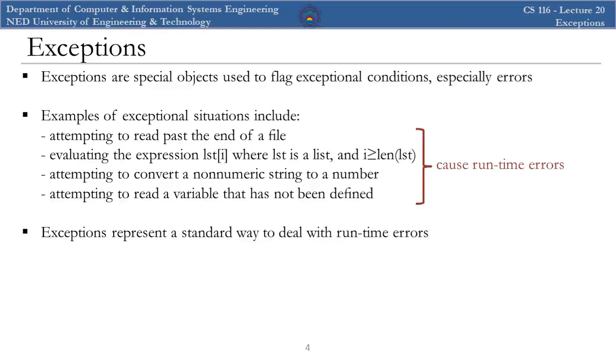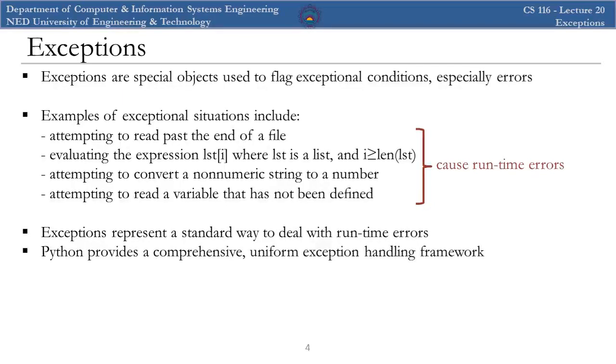So exceptions represent a standard way to deal with runtime errors. Python provides a comprehensive, uniform exception handling framework. Now, what I mean by this: up till now, whenever a runtime error occurs, your program simply terminates and Python prints some appropriate error message.